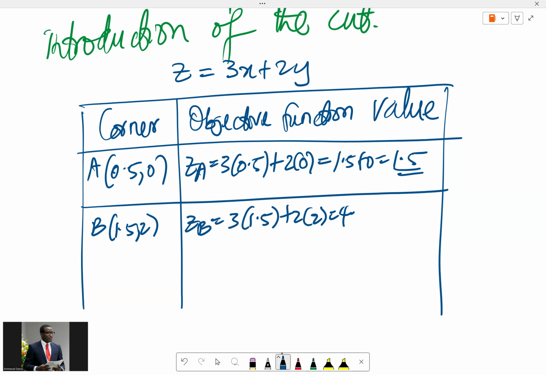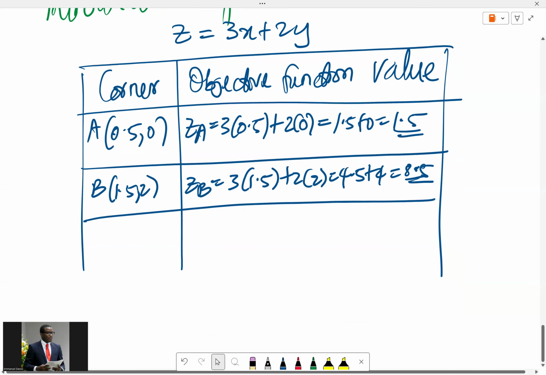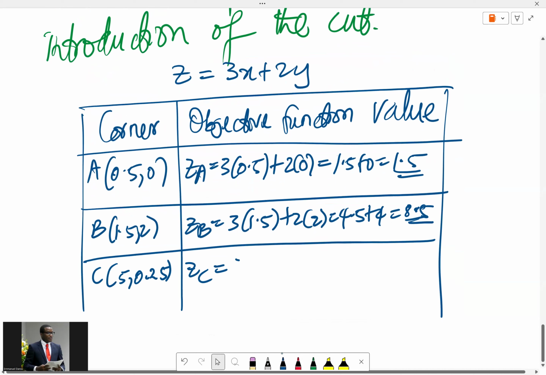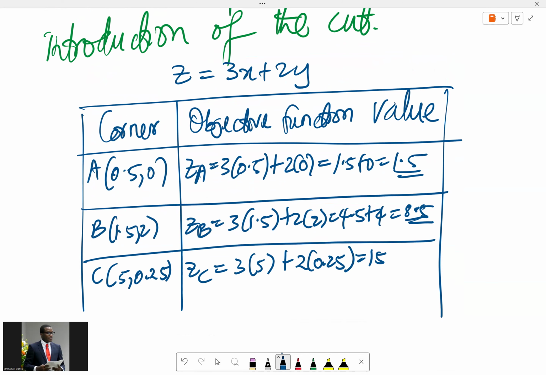That is 4.5 plus 4, which is 8.5. Then we have C now. C is 5 comma 0.25. So ZC is now 3 times 5 plus 2 times 0.25. That is 15 plus 0.5, which is 15.5.